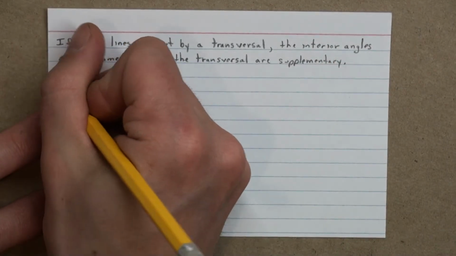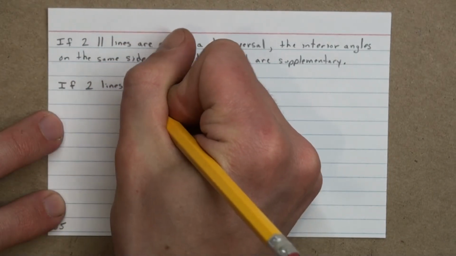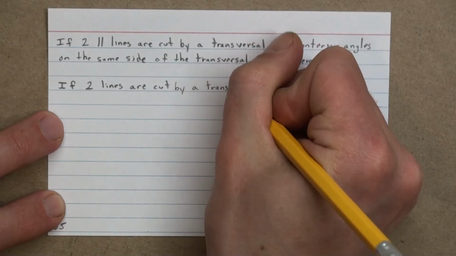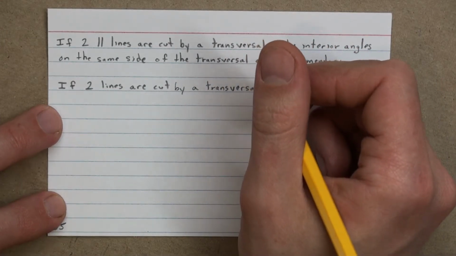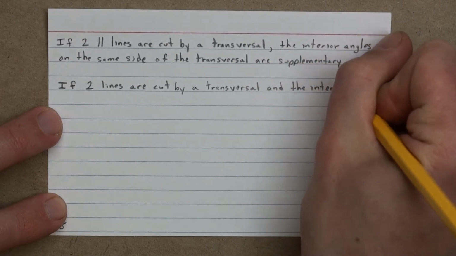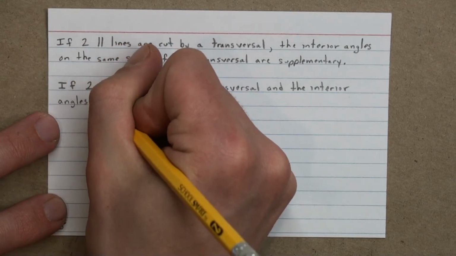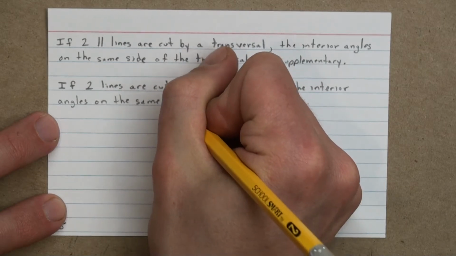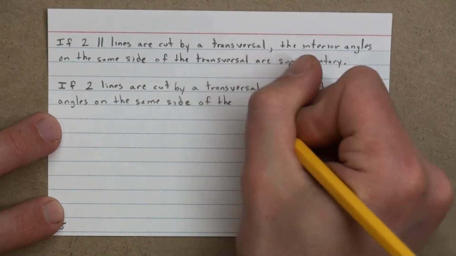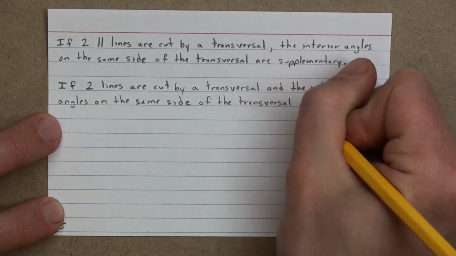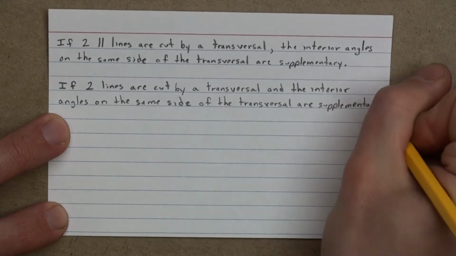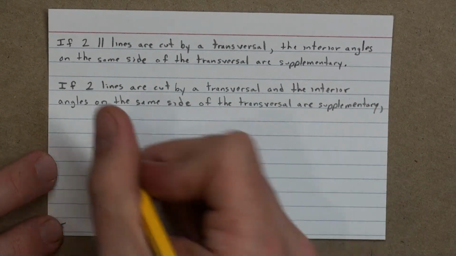If two lines are cut by a transversal, and the interior angles on the same side of the transversal are supplementary, comma, then the lines are parallel.